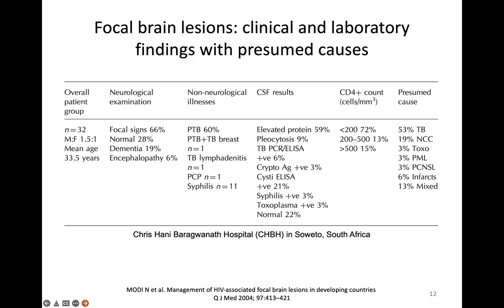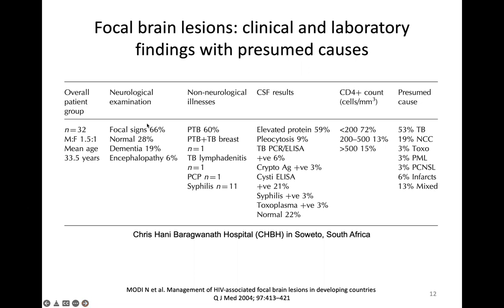I found this old publication by the team at VETS, and they looked at 32 patients that they followed up for almost a year, and they did physical examinations. They did a lot of tests on these patients, trying to look at what are some of the common features of focal neurological lesions in a developing country kind of setting.